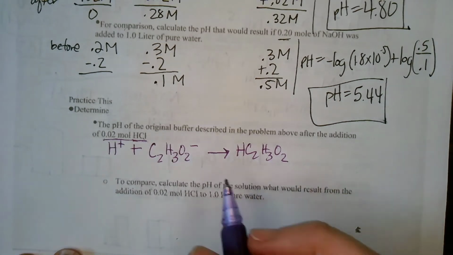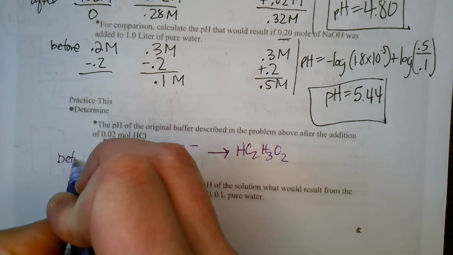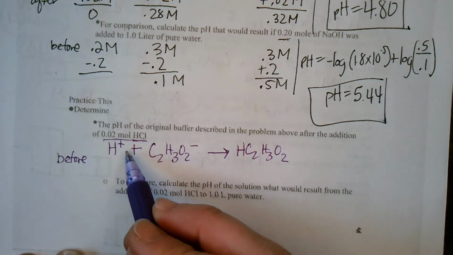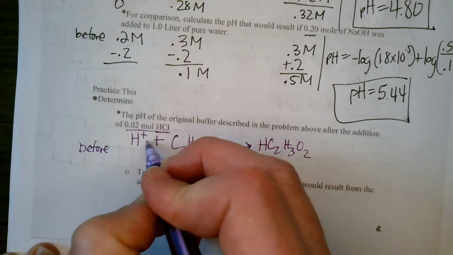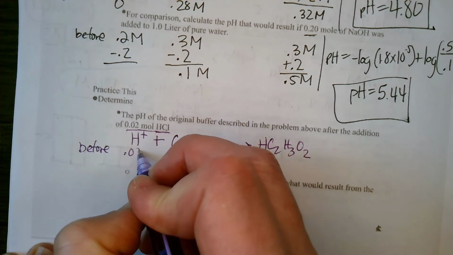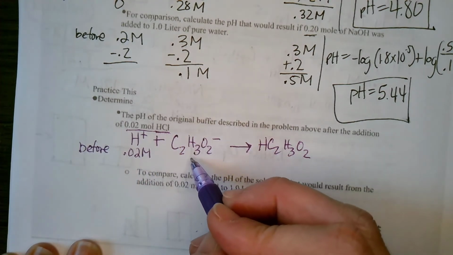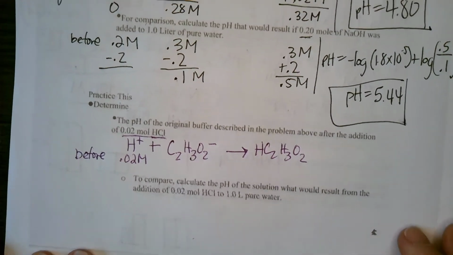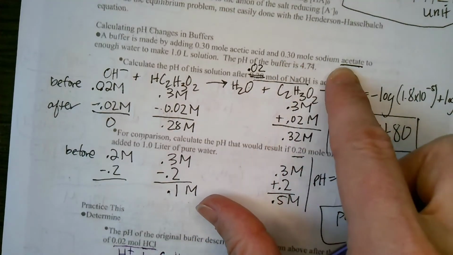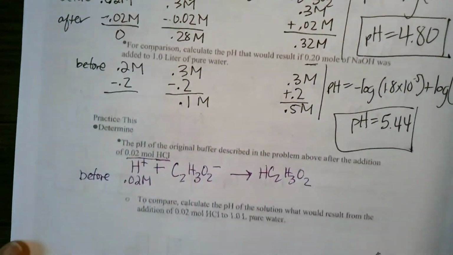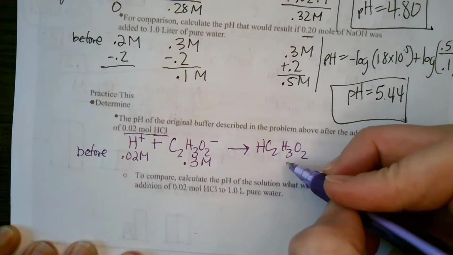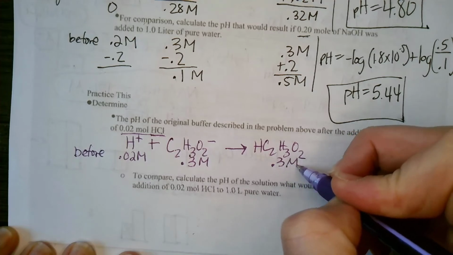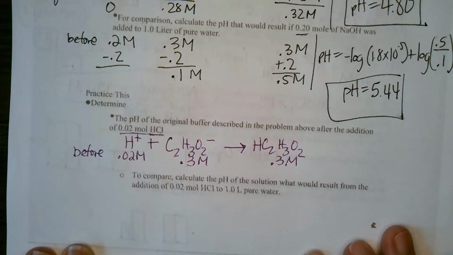Okay, so let's look at what we started with before. I started with 0.02 molar of our H plus. How much of the acetate did we start with? We started with 0.3 moles of the sodium acetate. And we also started with 0.3 of the acid.